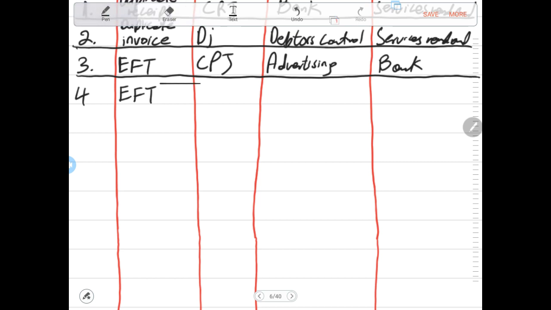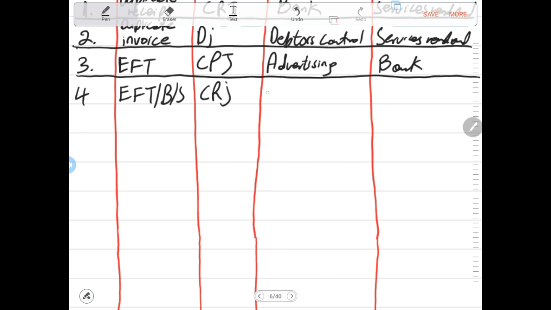So we can have EFT, or we can have the bank statement, or a duplicate receipt, where the customer will keep the original and we get the duplicate receipt. But only one you are likely to get marks for. So in this case, we received money from a customer. So this will be a cash receipt journal.